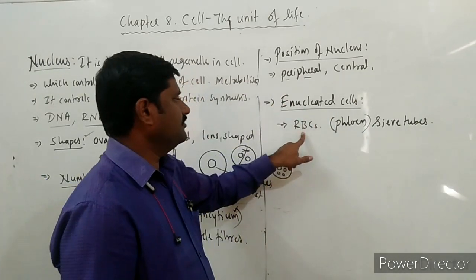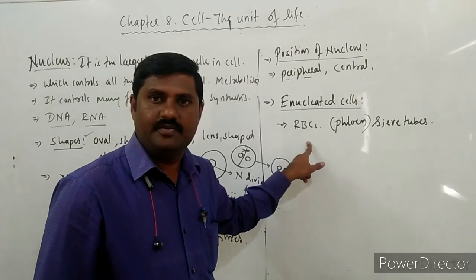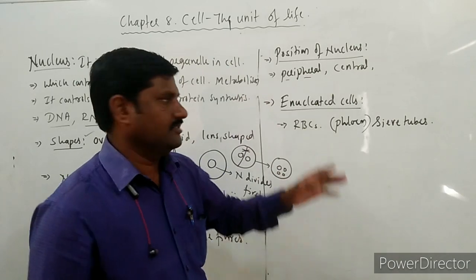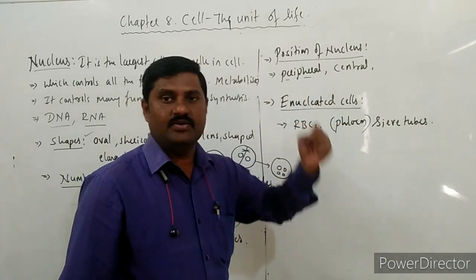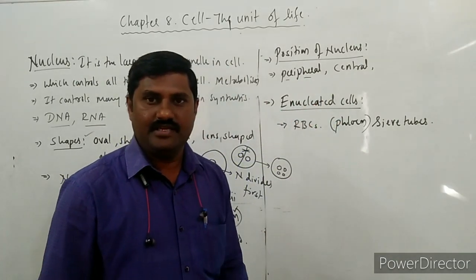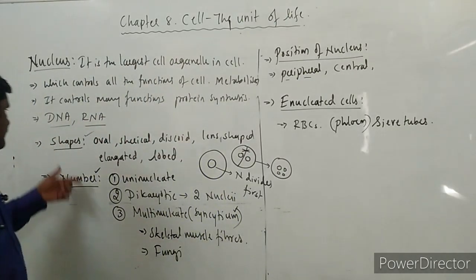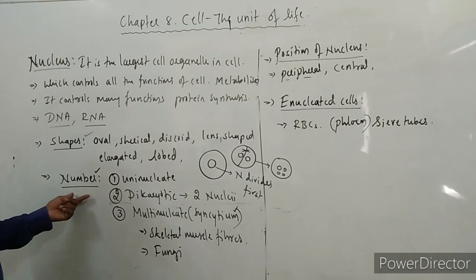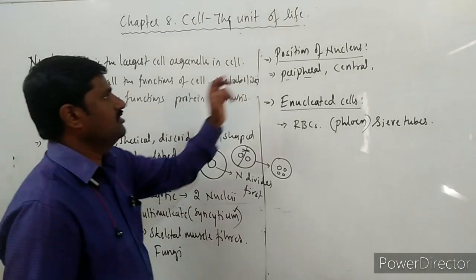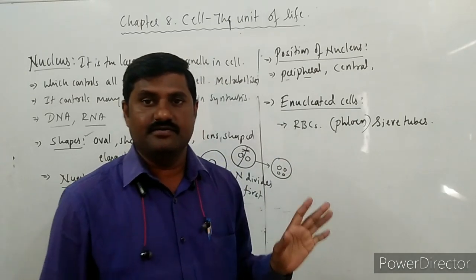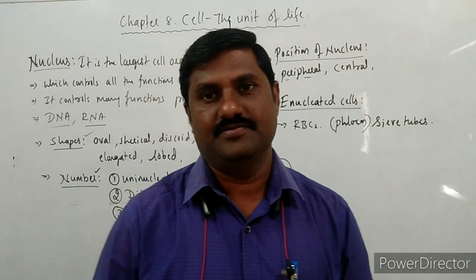Sieve tubes as well as RBCs do not have a nucleus; these are said to be enucleated cells. So this is all about the shape of the nucleus, number of nuclei, position of the nucleus, and enucleated condition in the cells, right?